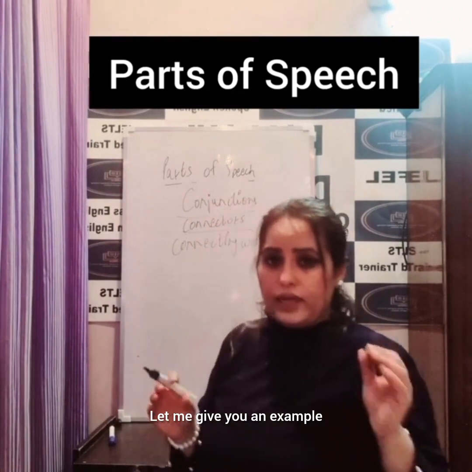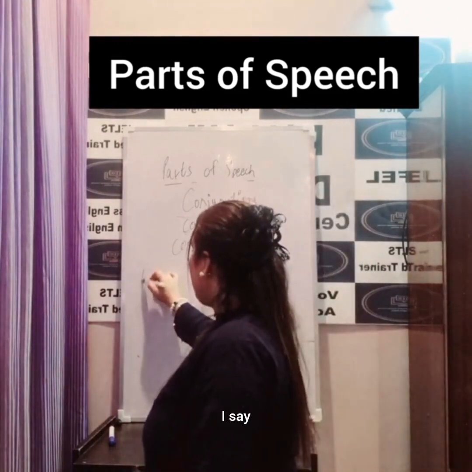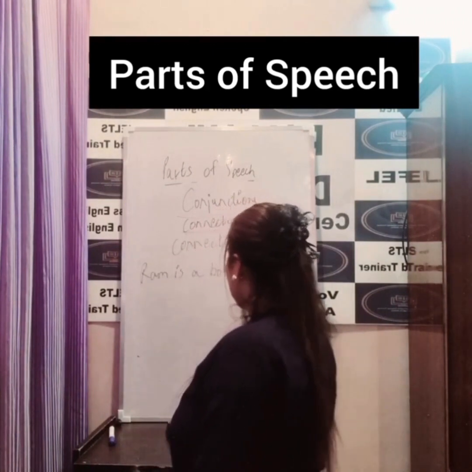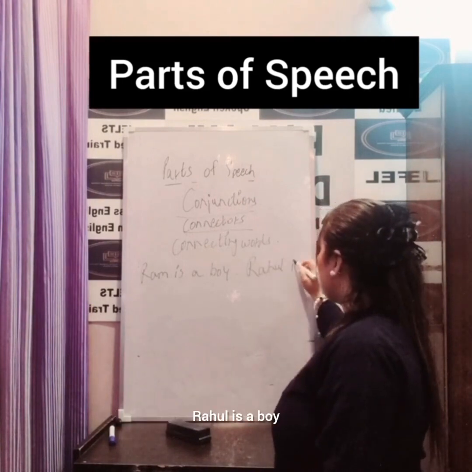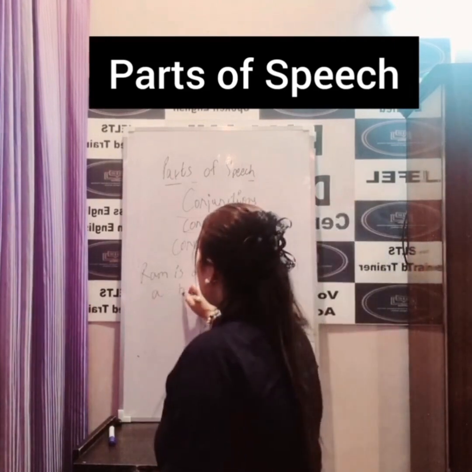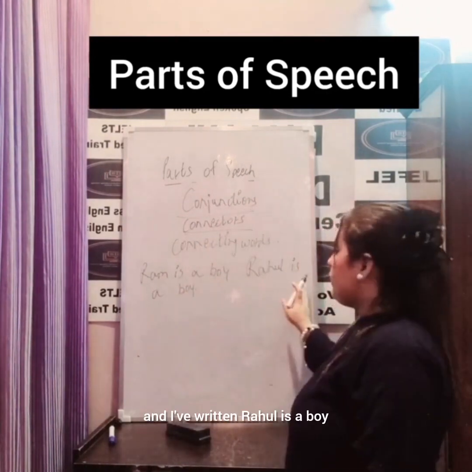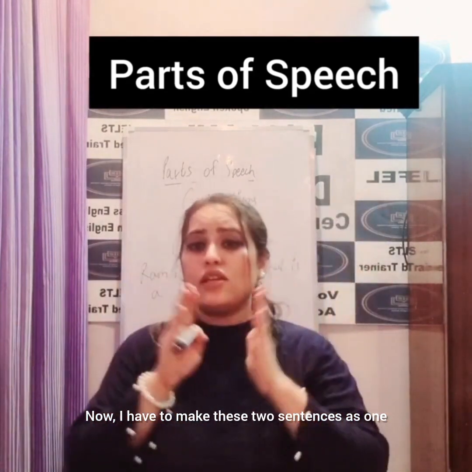Let me give you an example and then we will go further with it. I say, Ram is a boy, full stop, and I'm writing another sentence. Rahul is a boy. So here I have written two sentences. Now I have to make these two sentences as one.